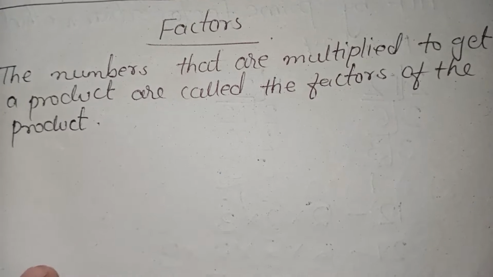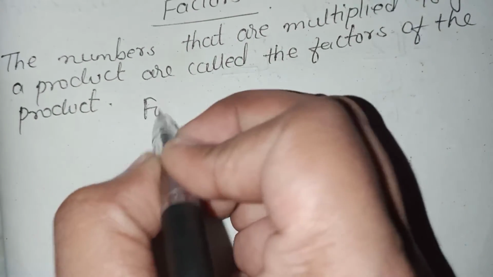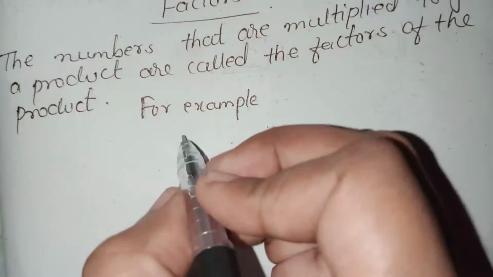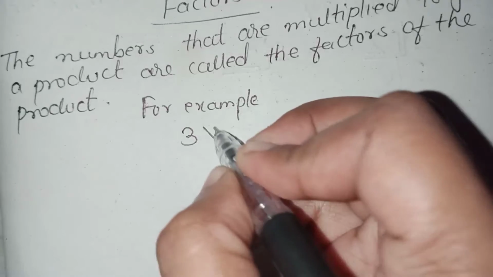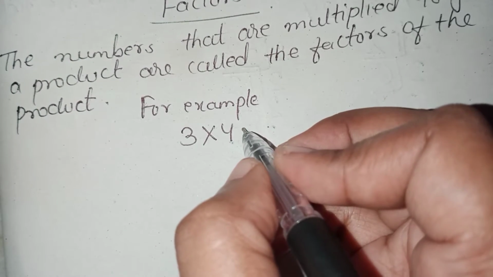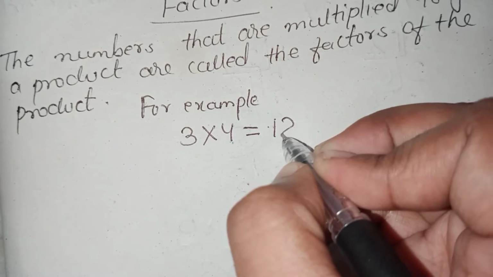Okay, so for example, when I multiply 3 into 4, this is the multiplicand, this is the multiplier. So when I multiply 3 into 4, what do I get as a product? 12.